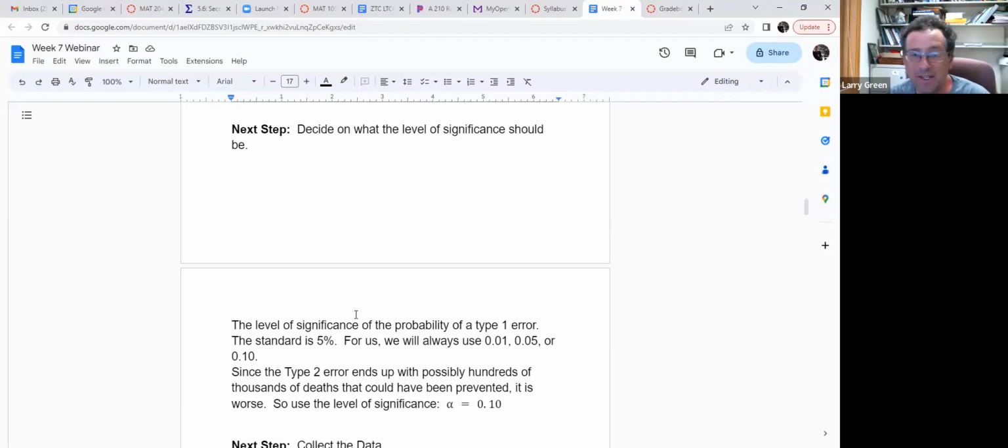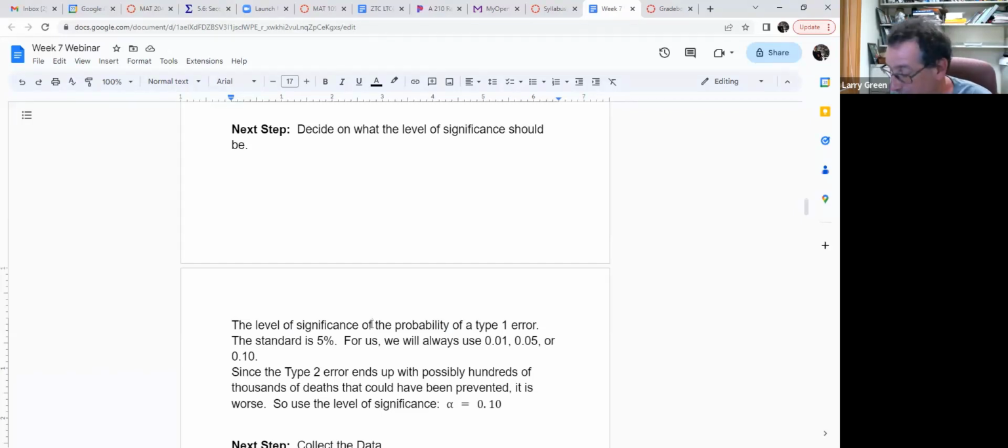So the level of significance is the probability of a type 1 error. Okay, you want it to be low, but there's a problem. If you lower the probability of a type 1 error, then you have to raise the probability of a type 2 error. So again, you can't have it all.